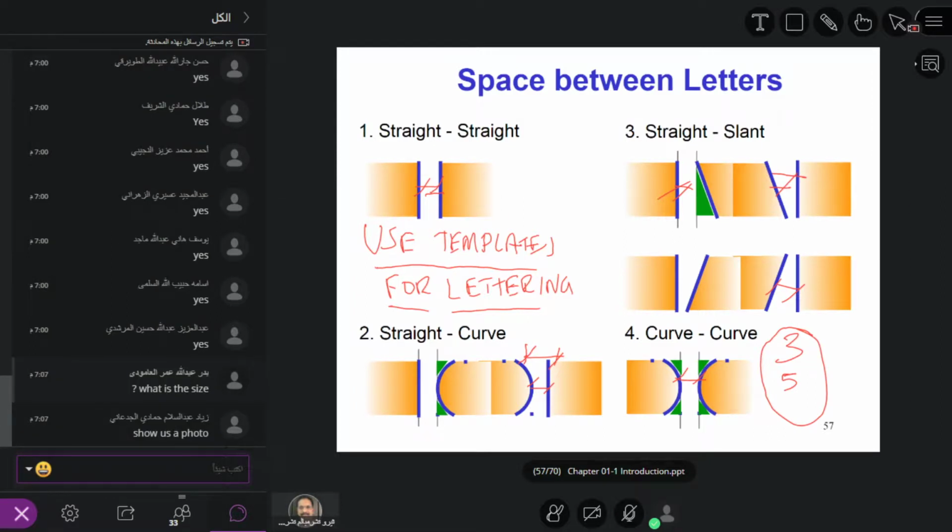You can check it on the internet because I'm not going to show everything, as I have to finish this course in time. This is a pretty easy thing, so you can find out. Go and ask, and it is very cheap. Maybe two riyals, three riyals only. One template, not more than 5 riyals. So you can buy 2 or 3, maybe more. It's not going to be very expensive.